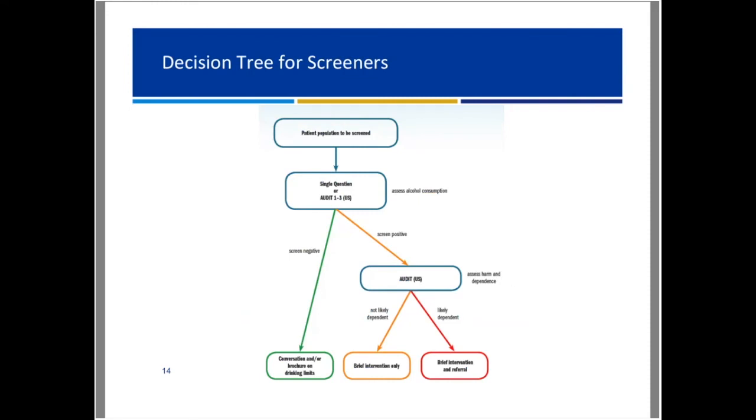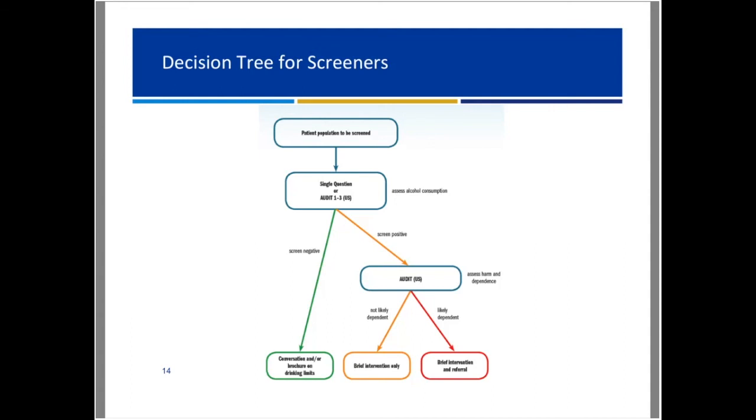So we can flow this out in a decision tree that shows consideration of the population to be screened, which is primary care patients. You can use either the single question or the AUDIT-1-2-3 at step 1. If the person screens negative, then that can simply be followed up by a conversation or a brochure on drinking limits for prevention purposes to help that person stay below the risky drinking level.